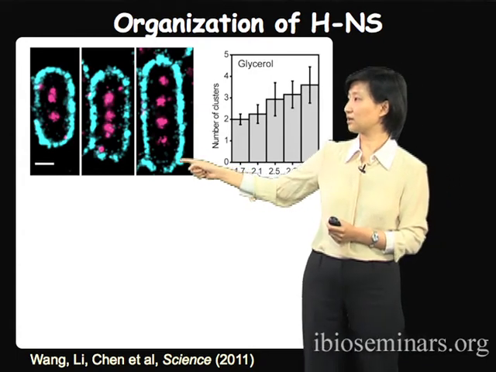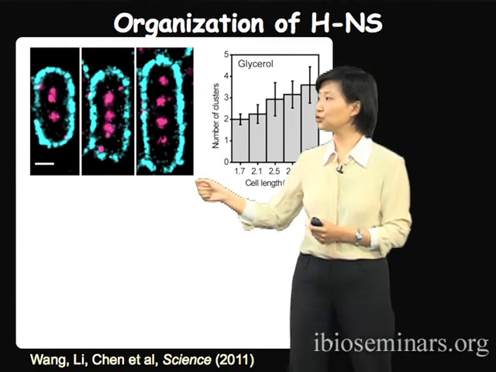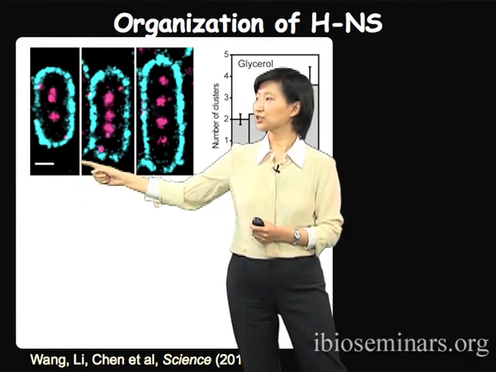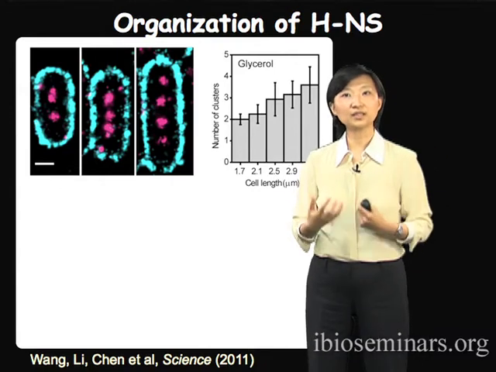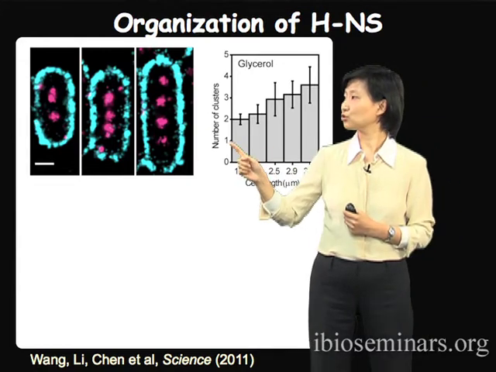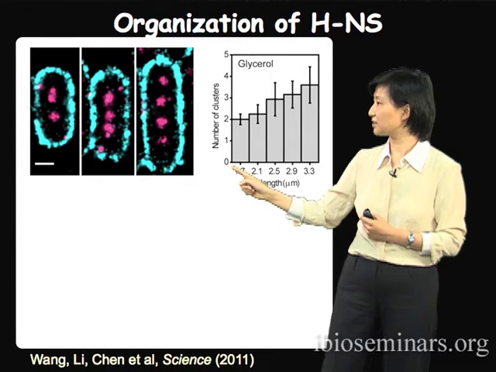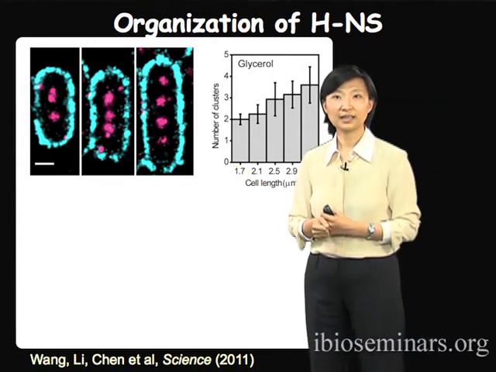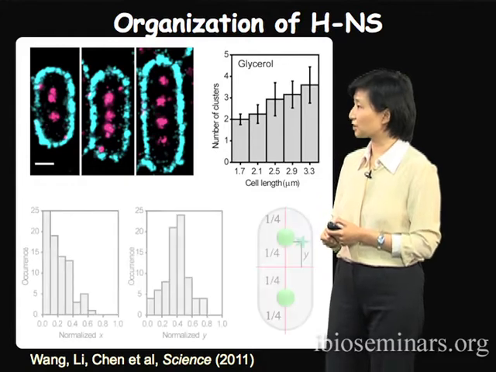The longer the cell, the more clusters you see. And for the newly dividing cell, under conditions where we know that there's only one copy of the chromosome inside the cell, we found basically 2 such clusters. For example, here in this image, and then you can see here in this bar graph. And that's one way of regulated organization.